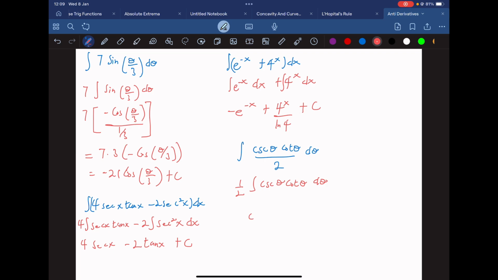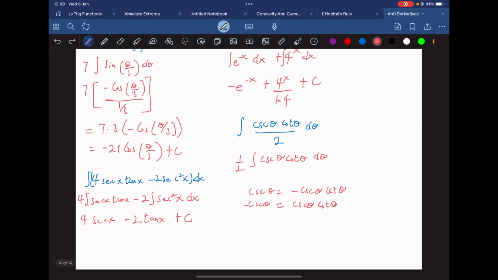Remember, if you differentiate cosecant theta, you end up getting negative cosecant theta cot theta. So basically, if you differentiate negative cosecant theta, you end up getting positive cosecant theta cotangent theta, and that's what we have over here.